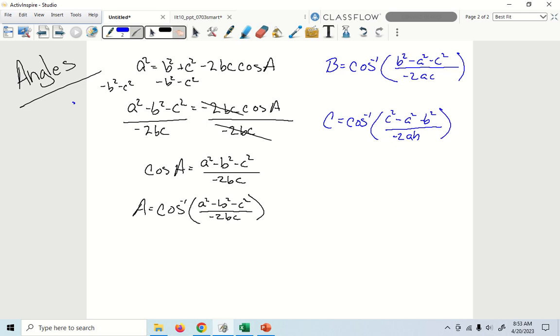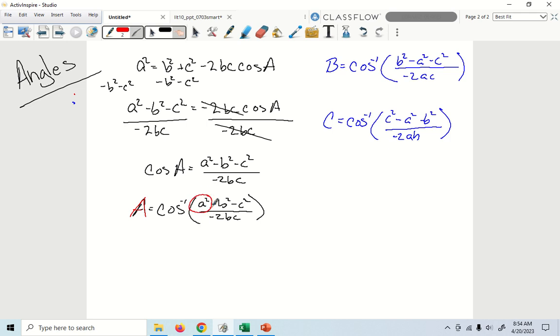So when you're doing the order on the top, like A, B, C, is it any order? Does it matter? So if you notice here, I'm solving for A, right? So what's the letter that goes first?